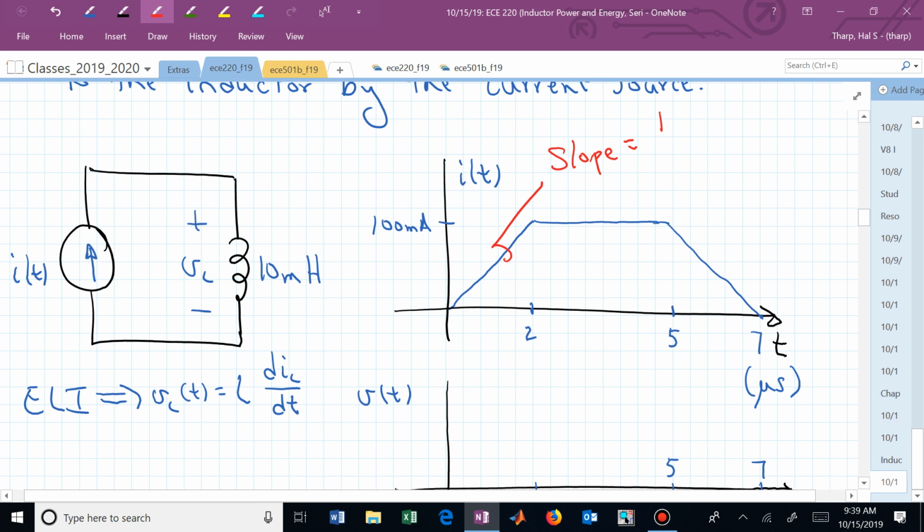and that's going up 100 milli over a time interval of 2 micro. That's 50 something. The something is 10 to the minus third divided by 10 to the minus 6. We combine the exponents, and we end up with 50 times 10 to the third, or 50k for our slope.